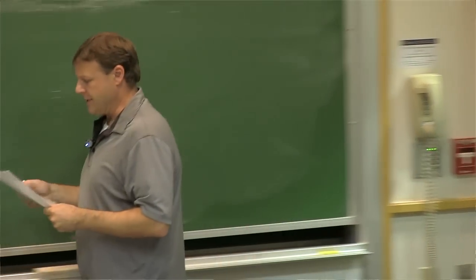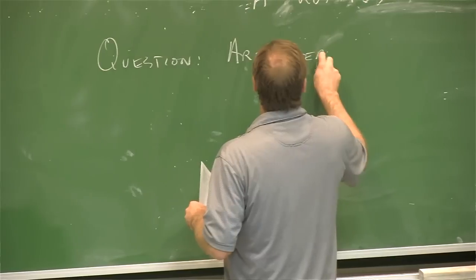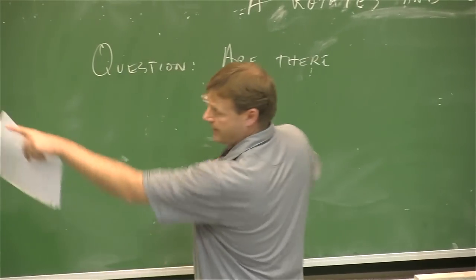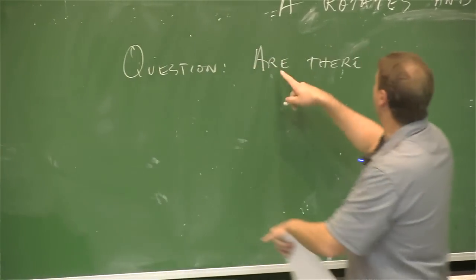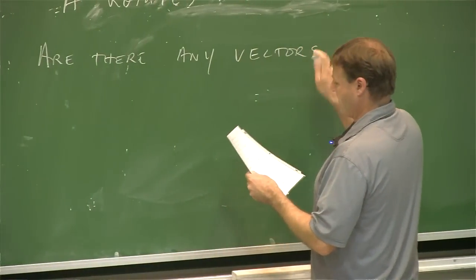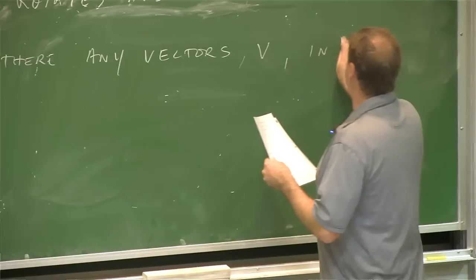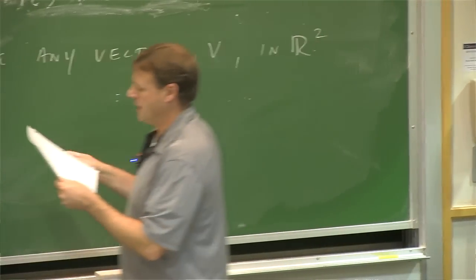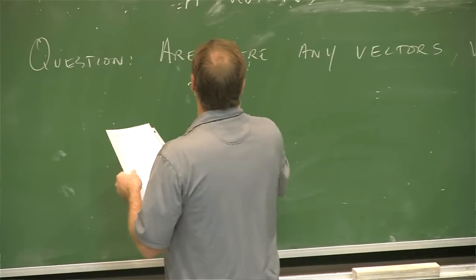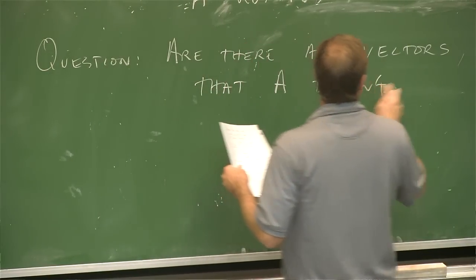So the question is, and this goes back to the eigenvalue problem, are there any vectors in R2 that A doesn't rotate?